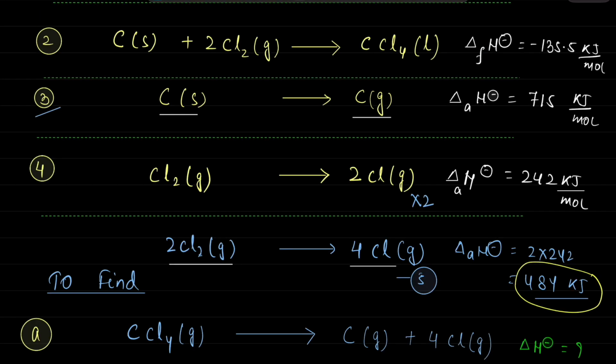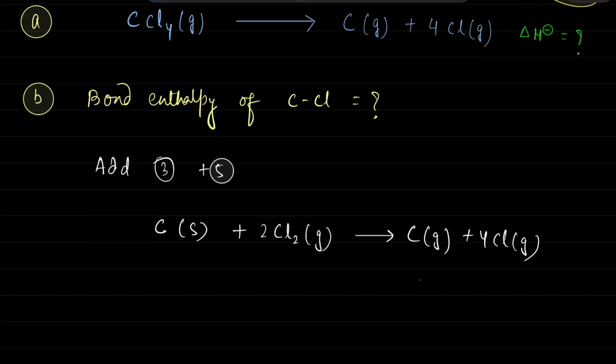So 484 will be added with 715. So here the total enthalpy will be 715 plus 484, which is equal to 1199 kilojoule per mole.